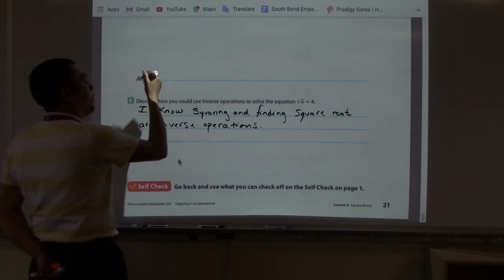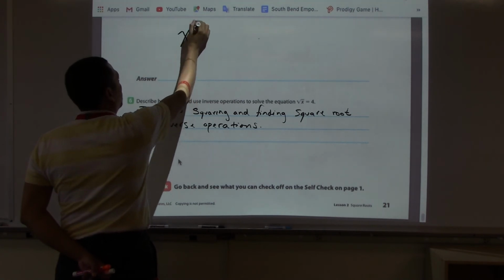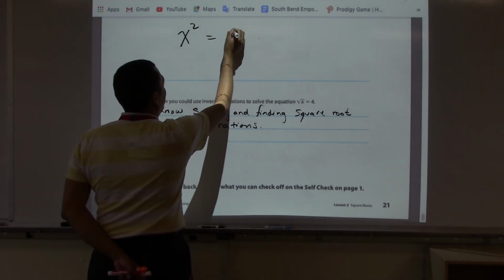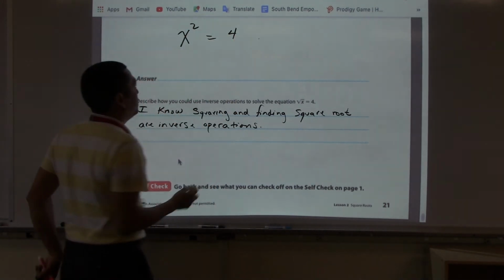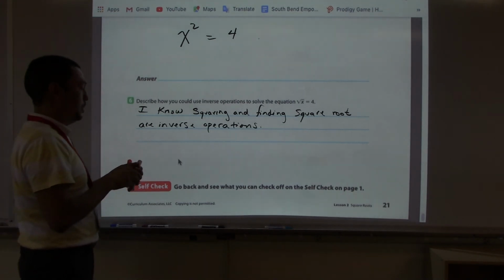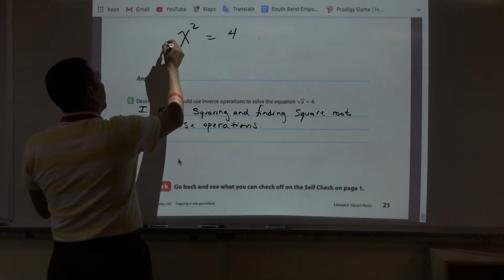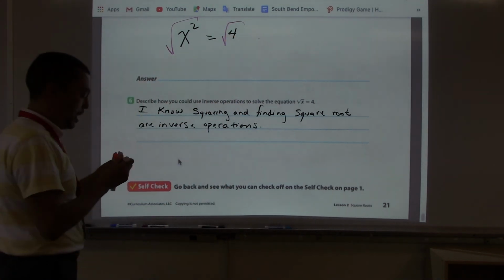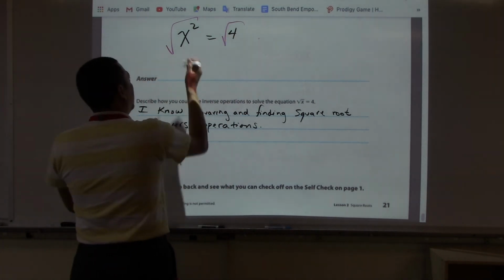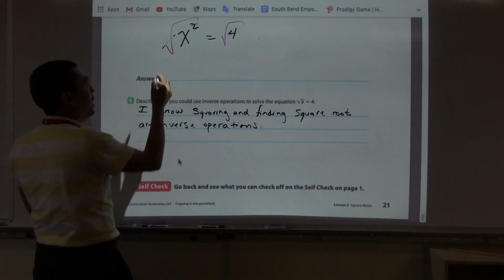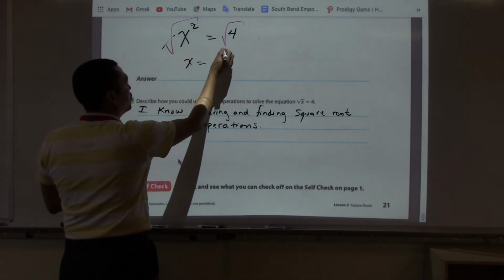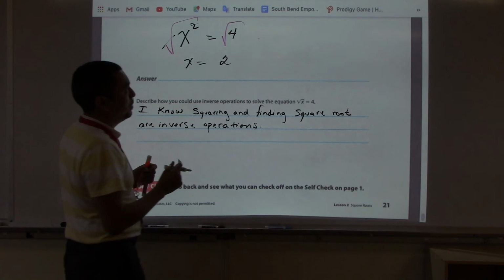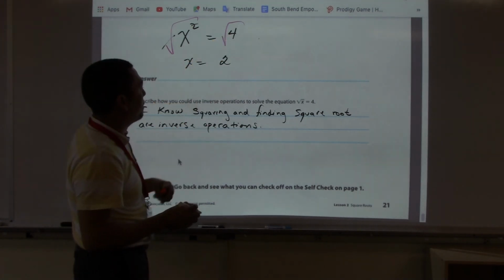Okay, so for example, if we have x squared equals 4, we use the square root. I'm only going to use the positive, just for this example. So this square cancels the radical, and you have x equals 2. The square root of 4 is equal to 2.